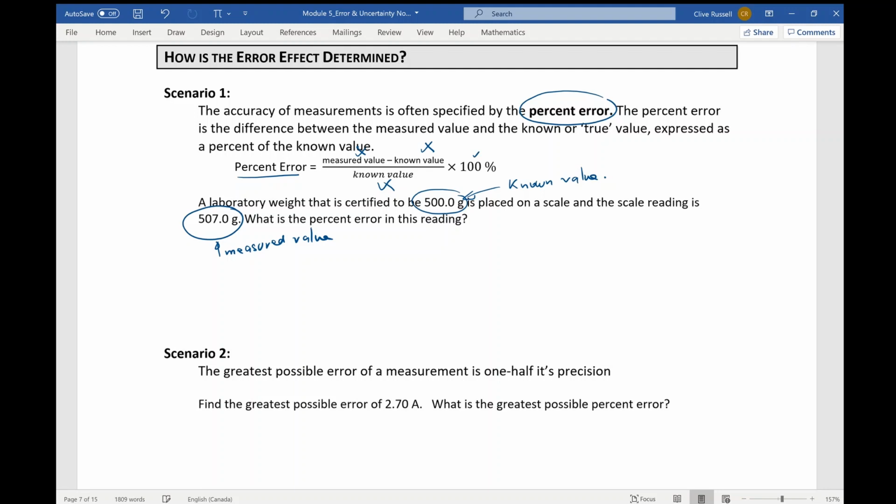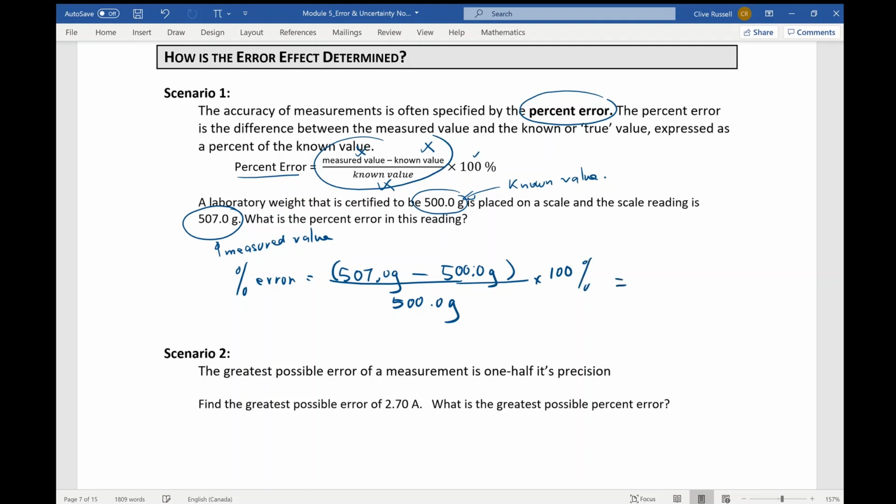So how do we find the percent error? Well, based on this formula here, it's going to be the measured value, which is the 507.0 grams. You're subtracting your known value, which is 500.0 grams. You're dividing by your known value, which is 500.0 grams. Then you multiply by 100. If you're putting this in your calculator, I would suggest you put brackets right there. And this will be in percent.